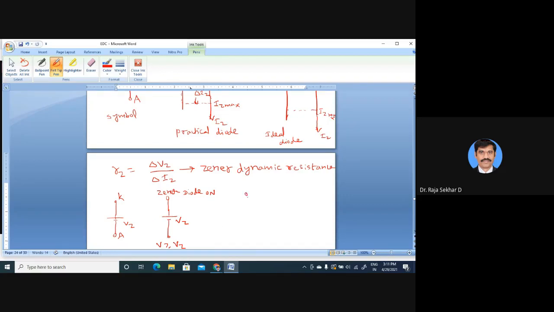If it is off, that is when V is less than VZ, the reverse bias voltage is less than VZ, then it is an open circuit. So this is the case of Zener diode off.